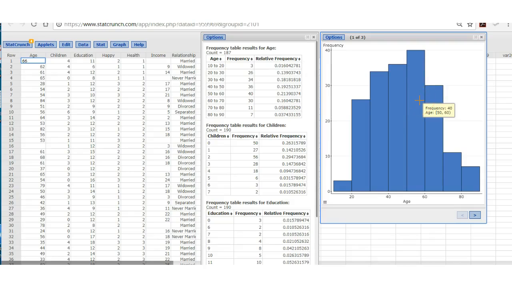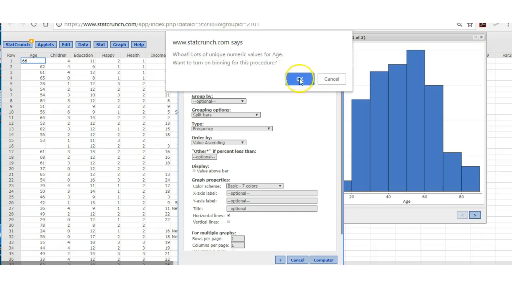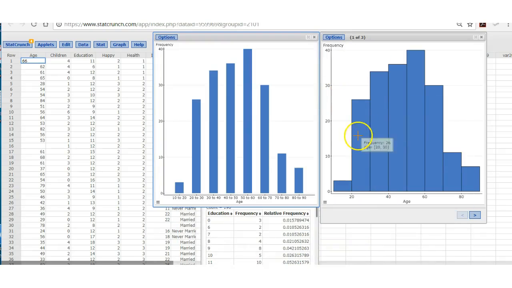Now the reason that I'm picky about the difference between histograms and bar plots, let's look at a bar plot for the age variable, and we're going to tell it to go ahead and do the binning. Notice the difference between these two. The histogram has no gaps between the bars, so we can see this is a continuum of the ages. In this one, it really separates the bars so that we've got big gaps between each of them.